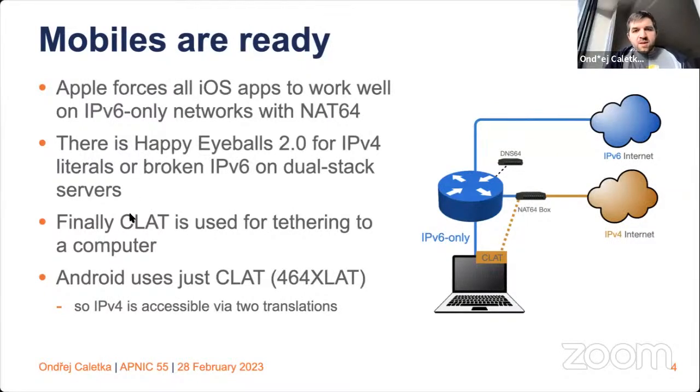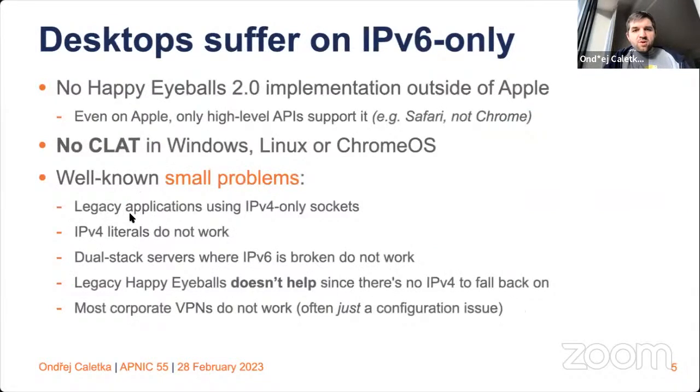The problem is that desktop computers don't have such features. So if you have an IPv6-only access network and you connect some Windows machine, for instance, it will mostly work, but there will be some small problems that are very well known. Most people will not notice them because they are quite small, but for some people this can be a showstopper.